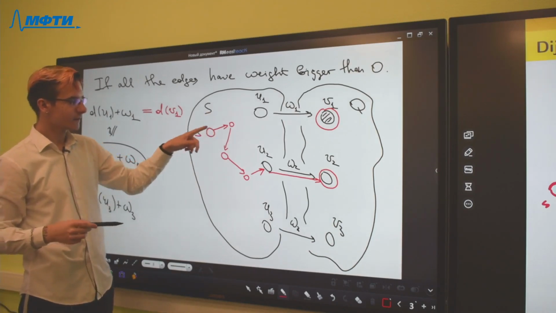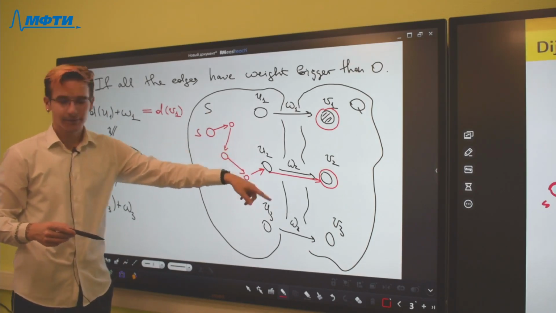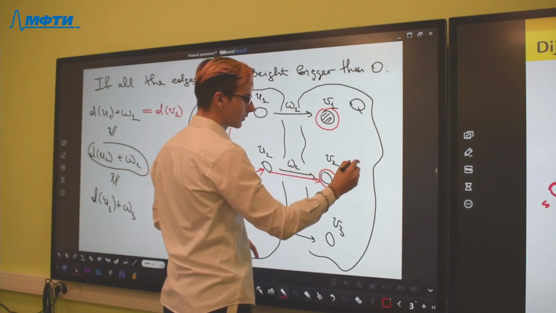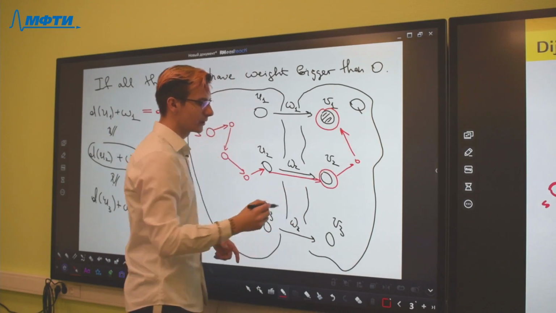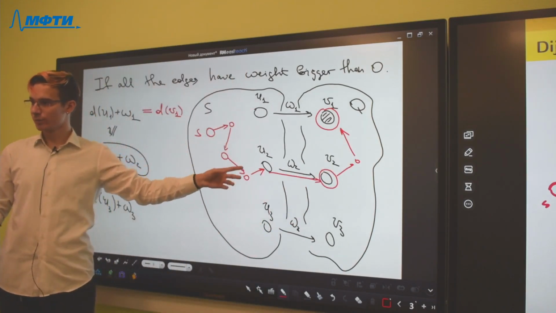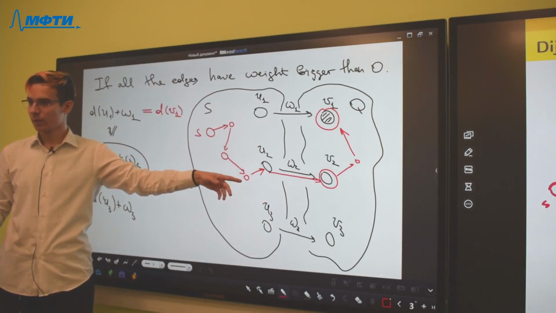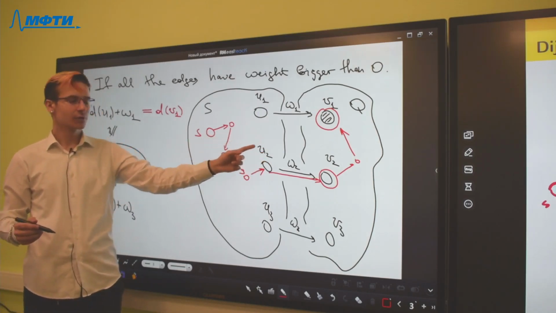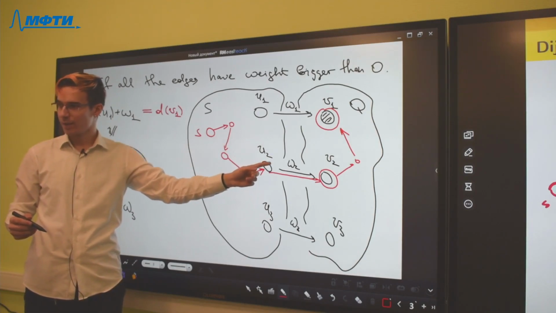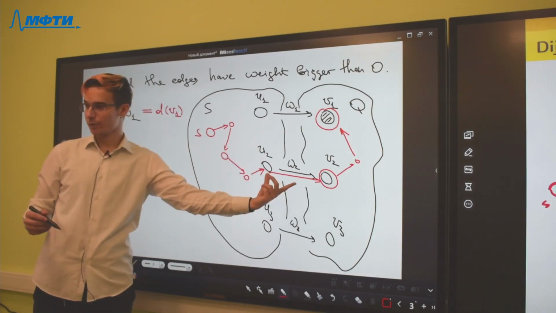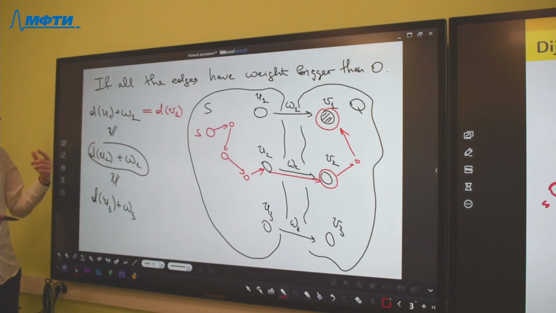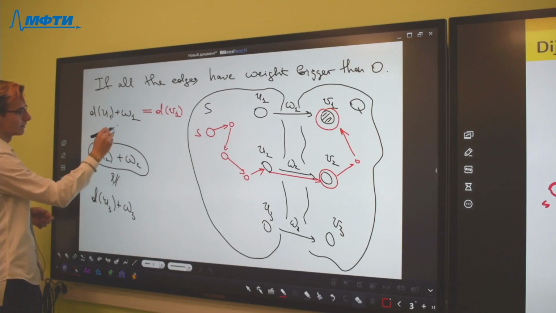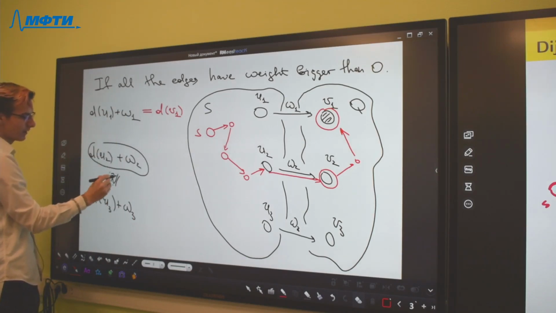Because any path that contains other edges, for example, we can go to the V1 using the edge between U2 and V2, will be bigger than the distance from source to U2 plus the weight of this edge. Oh, sorry. Of course, it's smaller than other distances.